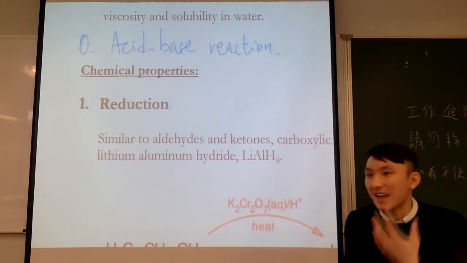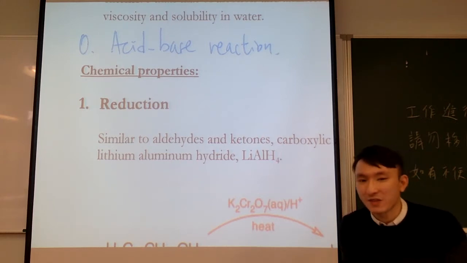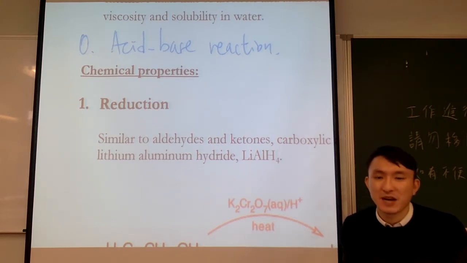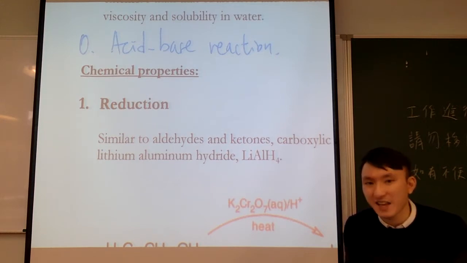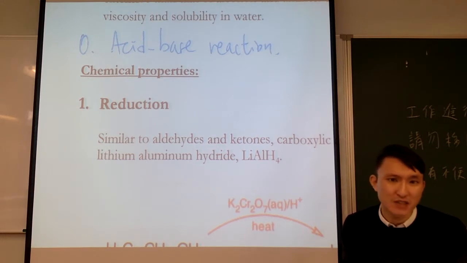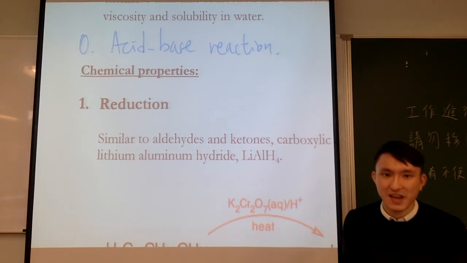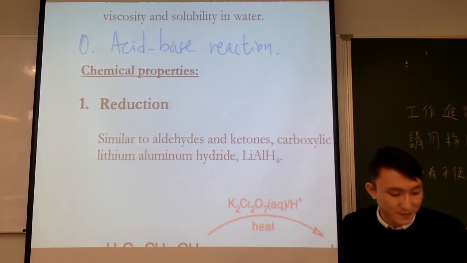And being an acid, it can always react with bases, so it reacts with metal oxide, metal hydroxide, metal carbonate, metal hydrogen carbonate. It also reacts with some reactive metals such as zinc and magnesium. For these, I assume you already know, so I will not emphasize this part. But do bear in mind they do have acid-base reactions.